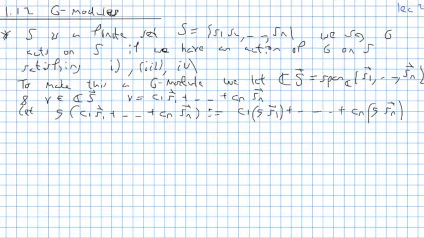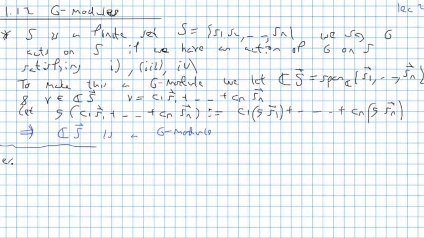So the punchline here is that this vector space is a G module. From any group action, we can obtain a G module. So let's look at an example.